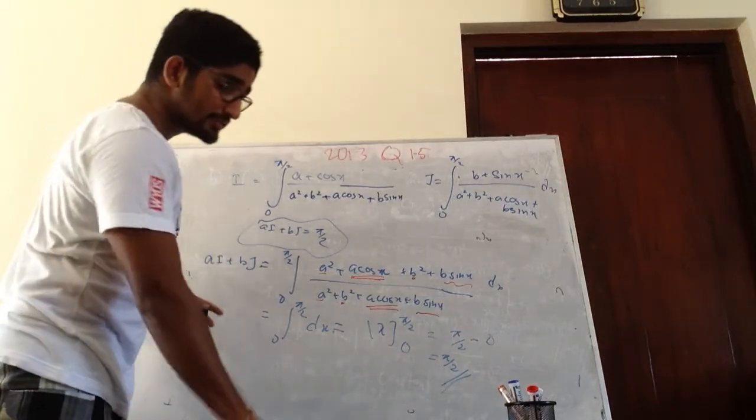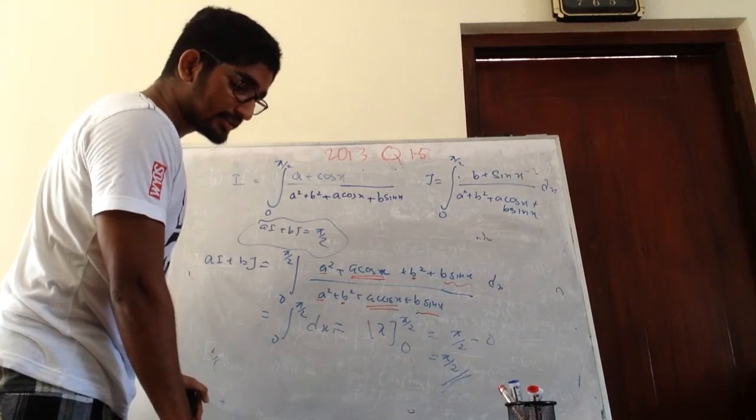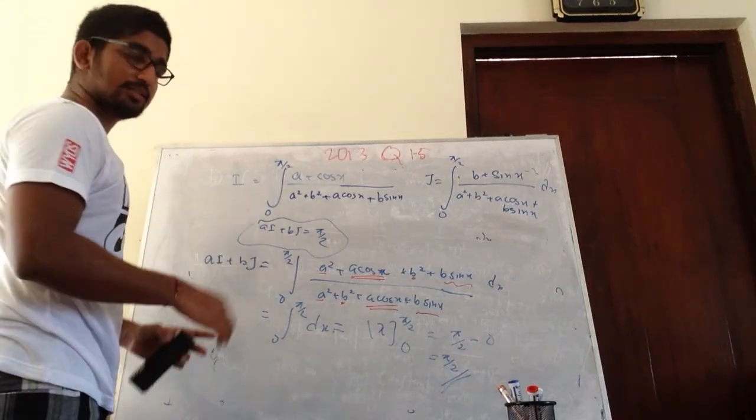So they are asking us to consider bI minus aJ. So let's find bI minus aJ.